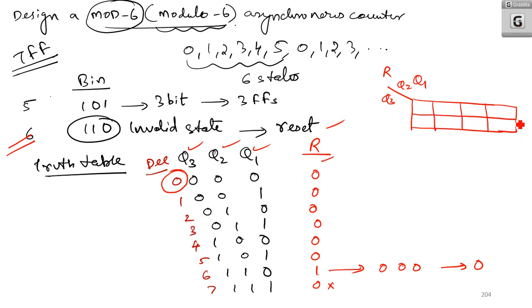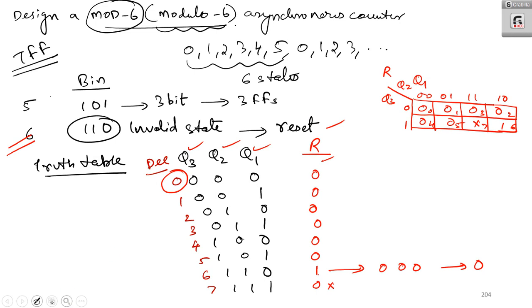So here I have 0 and 1. So 0, 0, 0, 1, 1, 1, 1, 0. So 0, 1, 2, 3, 4, 5, 6 and 7. At 6 it is 1 and 7 you can take it as don't care. For all other elements it remains as 0.